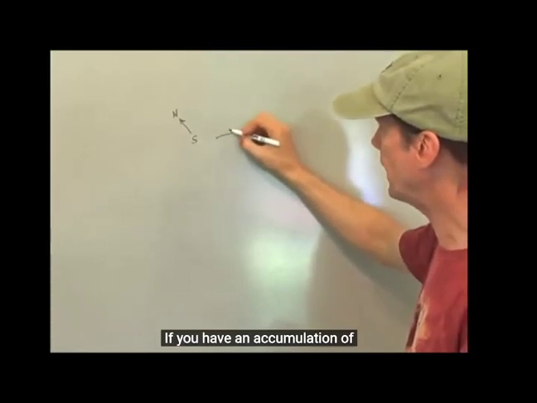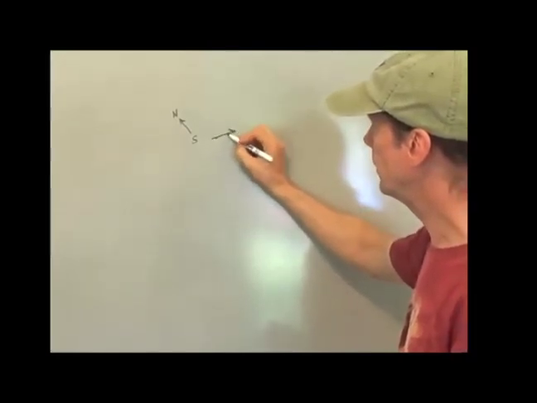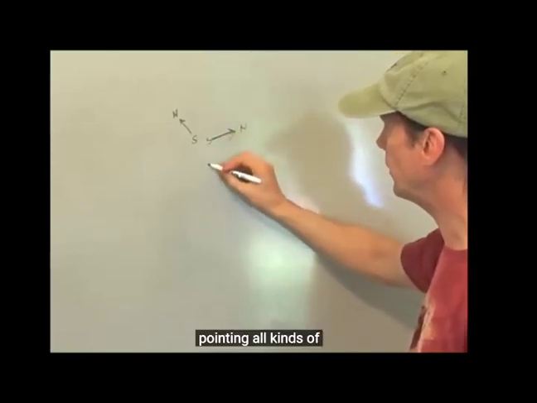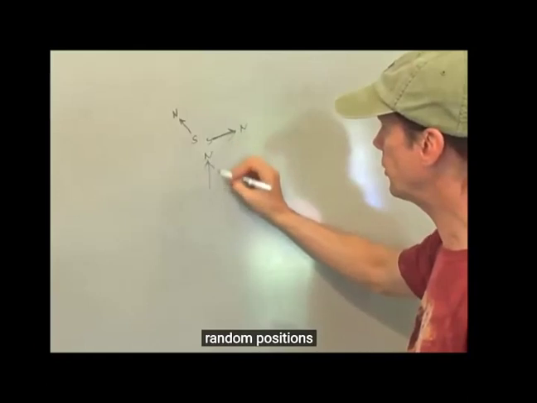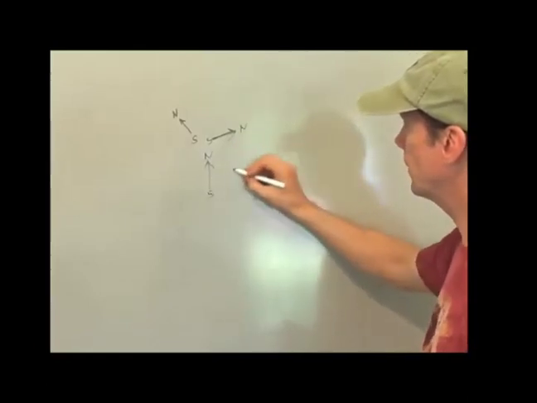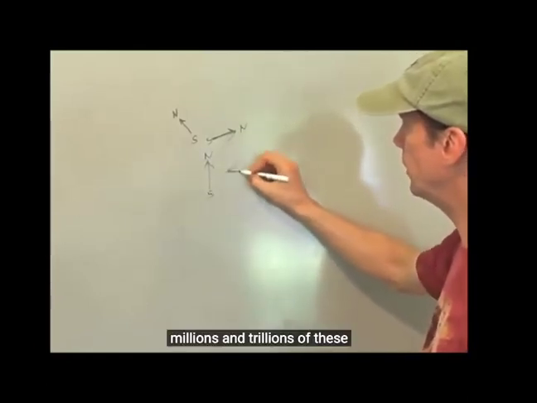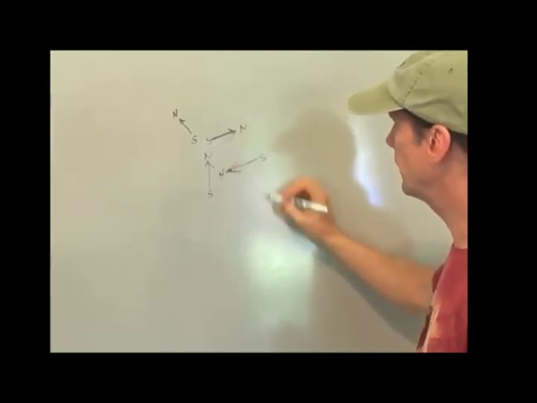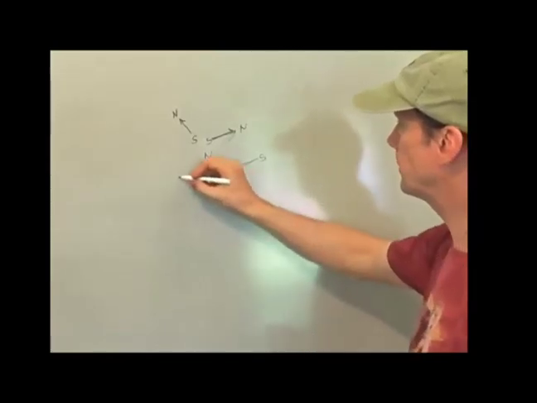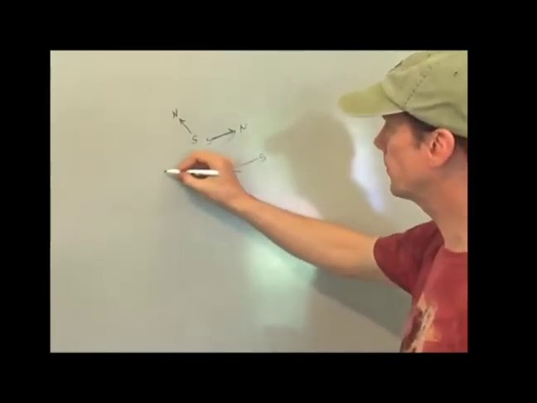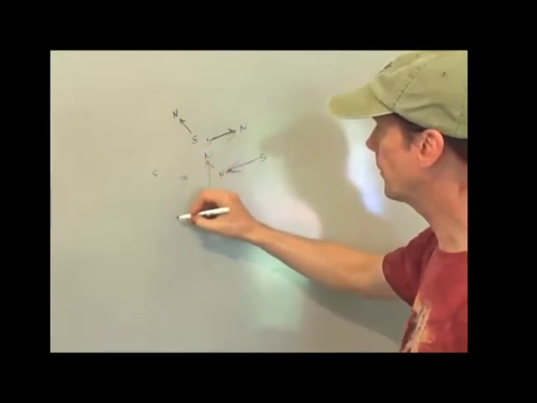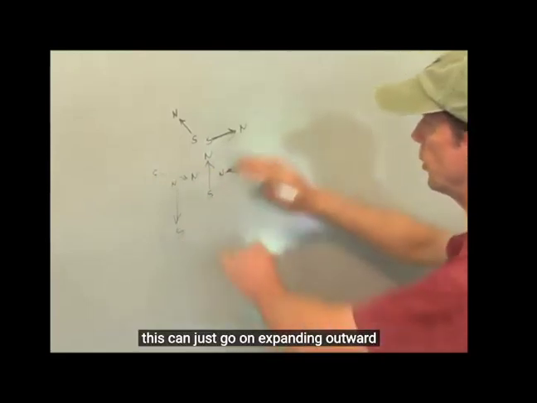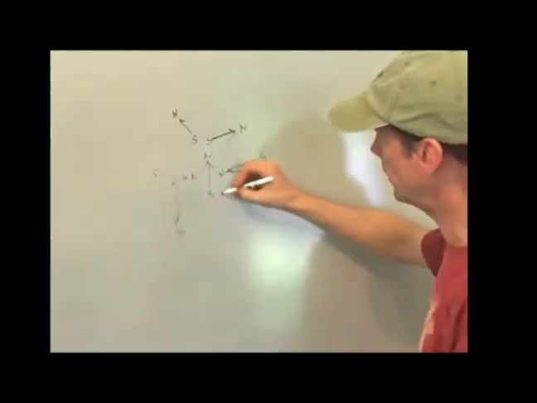If you have an accumulation of magnetic dipoles pointing in all kinds of random positions, it can be a huge number, billions and trillions of these. Imagine them all in random orientations. This can just go on expanding outward.